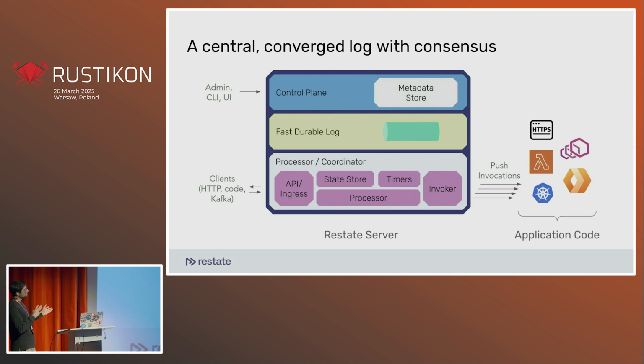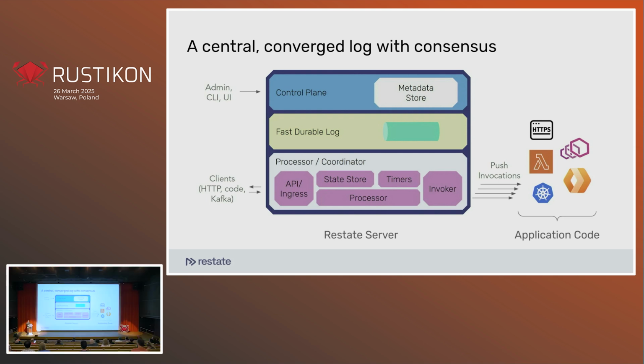And on the two sides of the log, on one side you have the ingress, which is where I sent the HTTP request to. And then on the other side there is a replicated state machine that does the hard job of figuring out at which point of the function you are, if you need to retry, if you don't need to retry, and all these different details. It's handled by this replicated state machine.